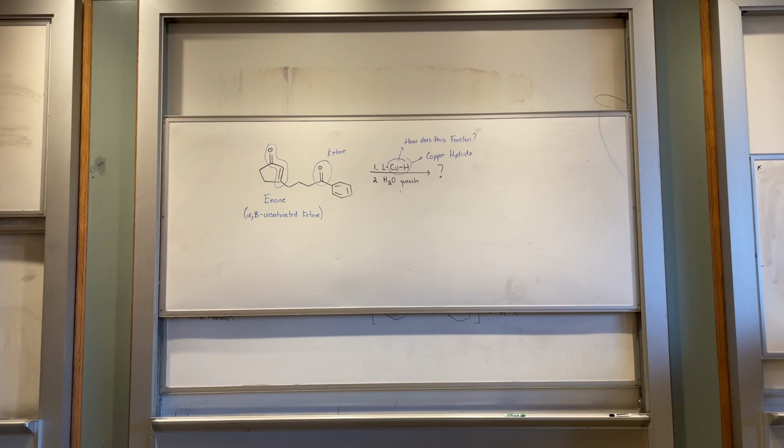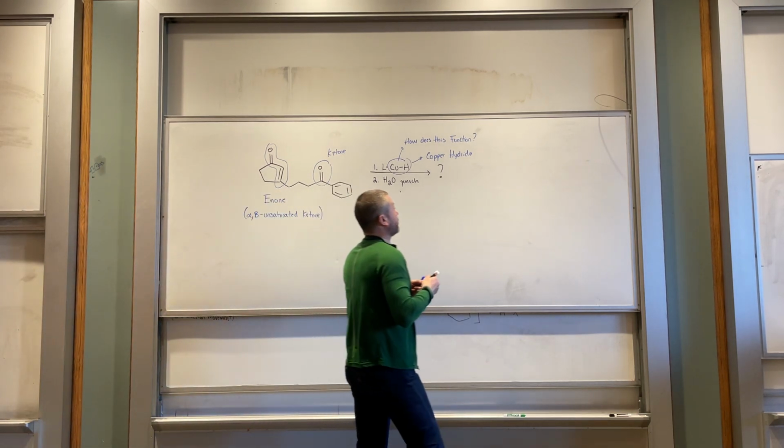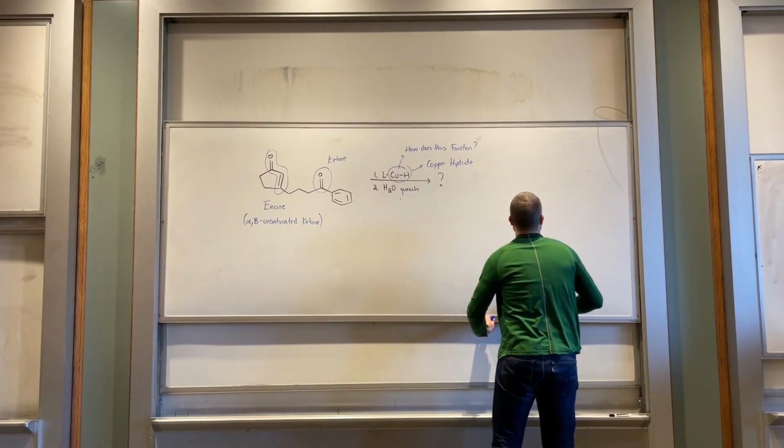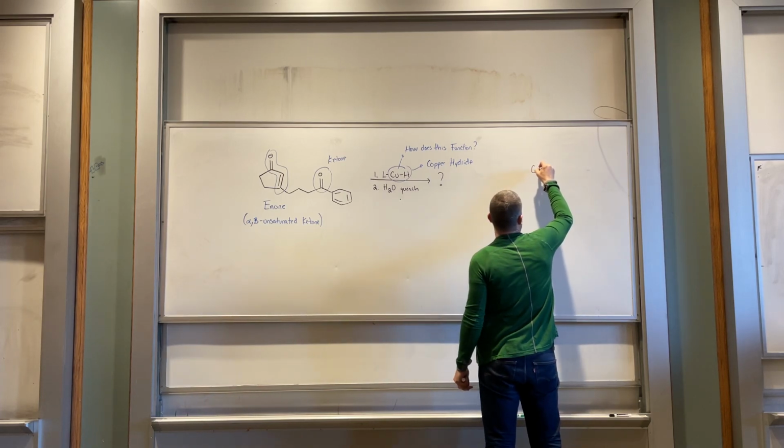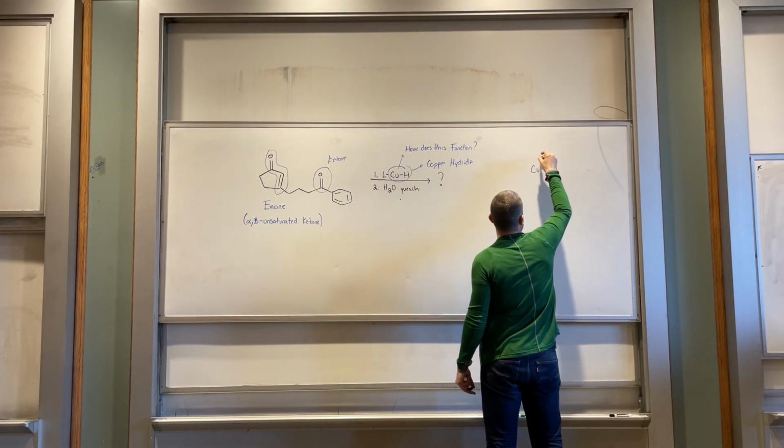Right, so when we look at that reagent, copper hydride, what's special about that reagent? How does it function? What makes it unique? Hydrogen's more electronegative. Awesome, right? So this is going to be like any other of the hydride reagents that we've seen, where we have a copper atom connected to a hydrogen.